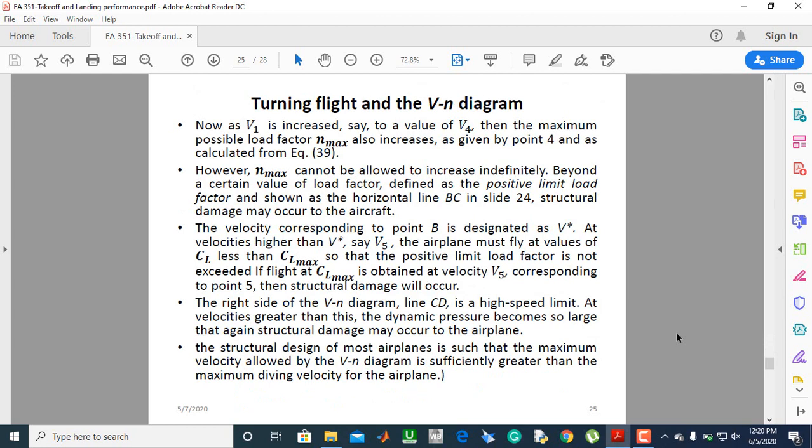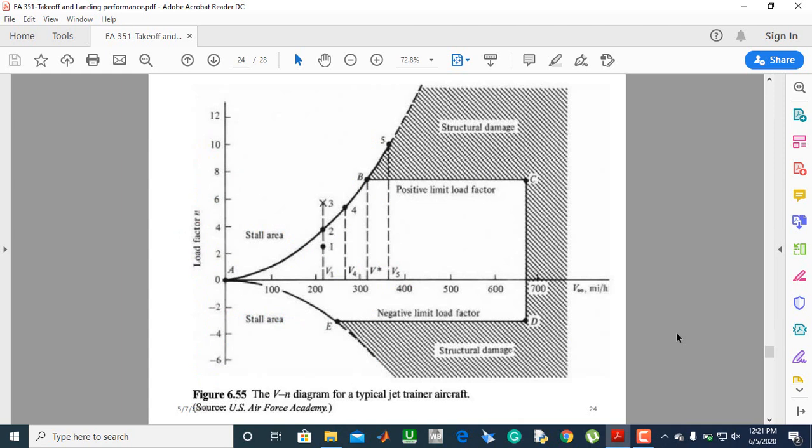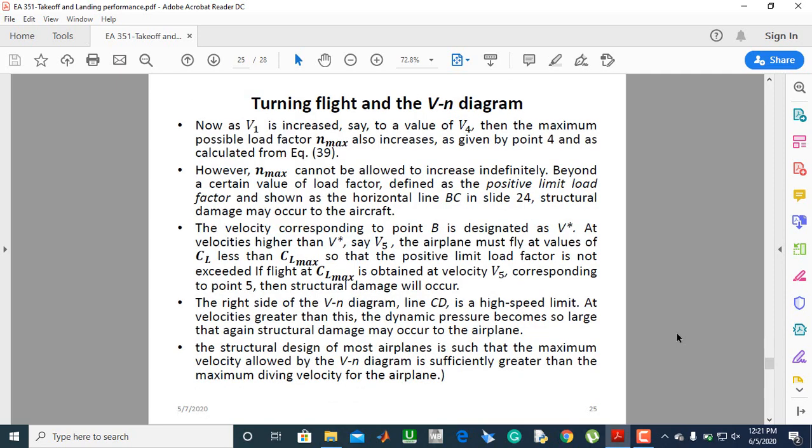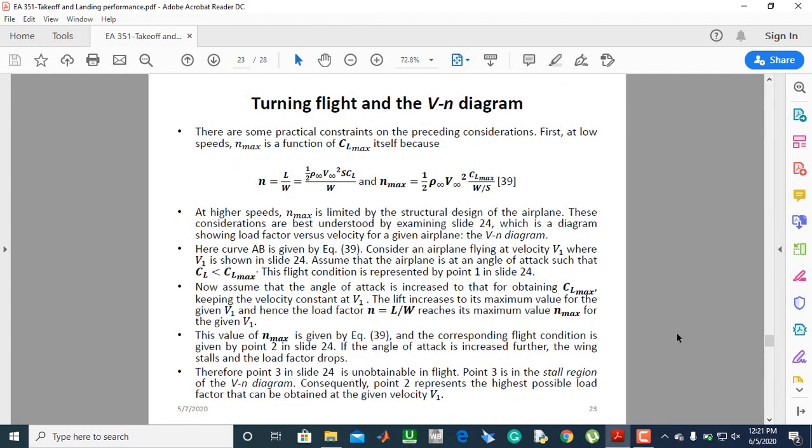Now if you increase the speed from v1 to, say, a value v4, the maximum possible load factor also increases, because the maximum load factor has a speed component.